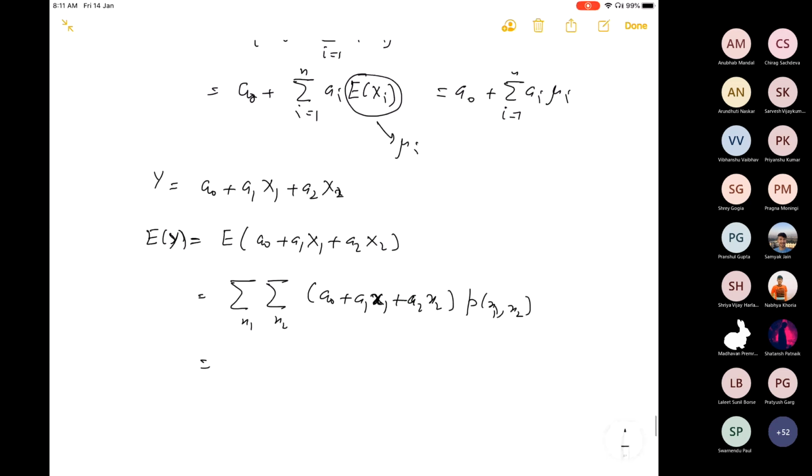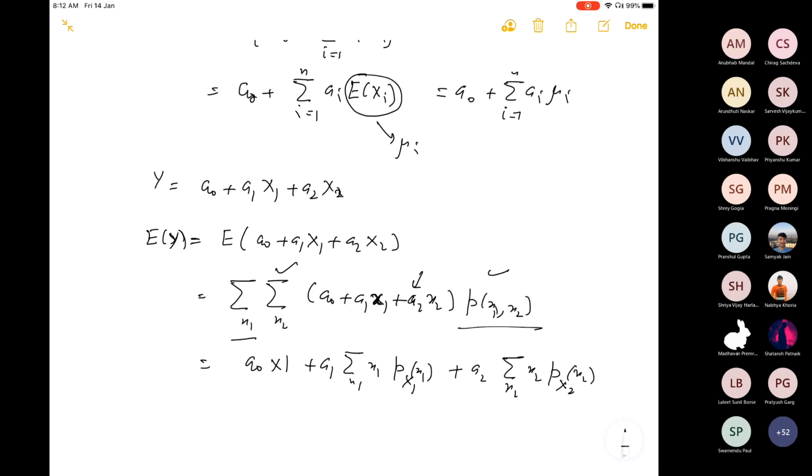So a naught times the double summation of the joint density, that will be 1, plus a1 times summation x1 into summing the joint density over x2, that will be the marginal of x1, plus a2 and summation x2 and summing the joint density over x1, we will get the marginal of x2.